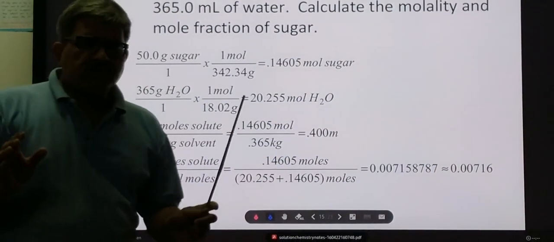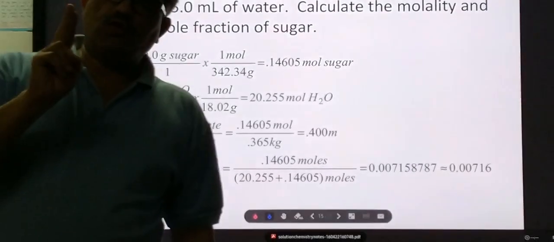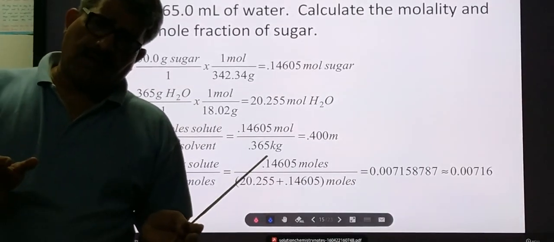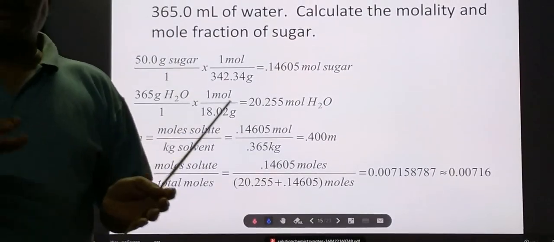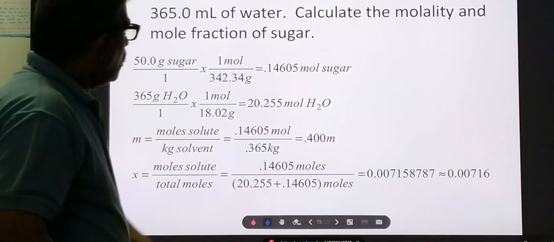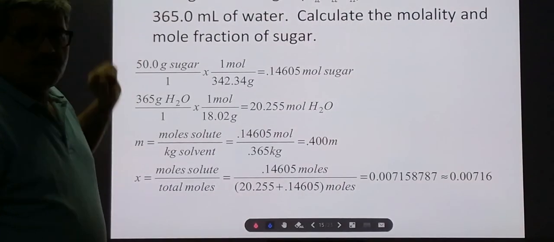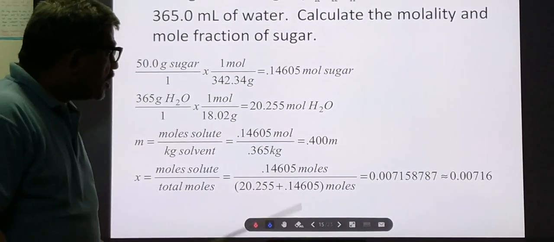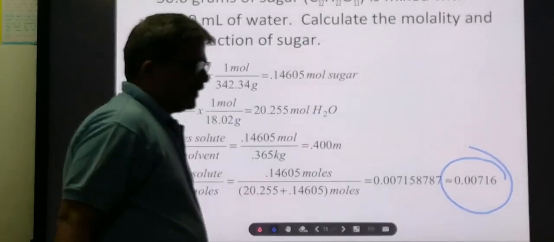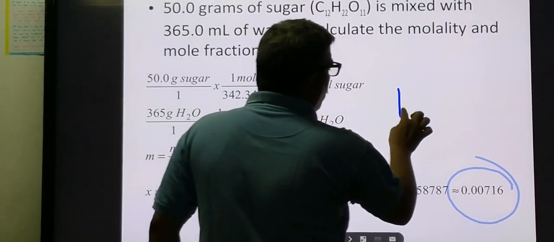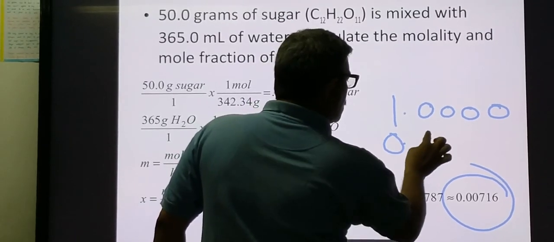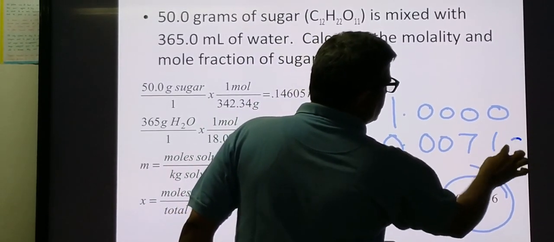In a solution, if there are only two components, the sum of the mole fractions of both the components is equal to 1. And we know that here you have only these two components. So if you want the mole fraction of water, you deduct this value from 1. That is 1.0000 minus 0.00716.